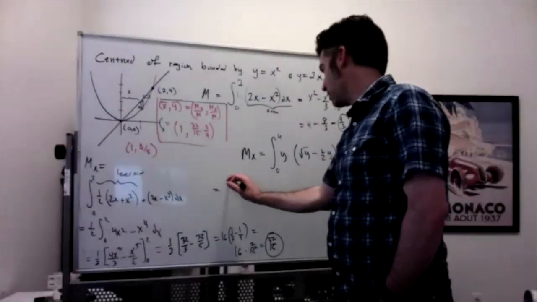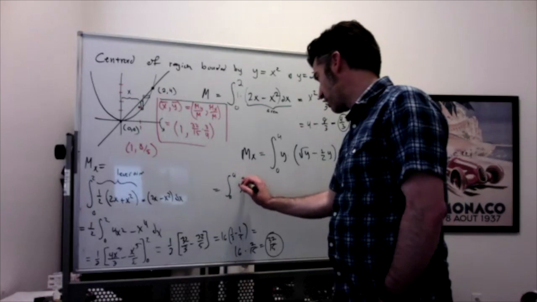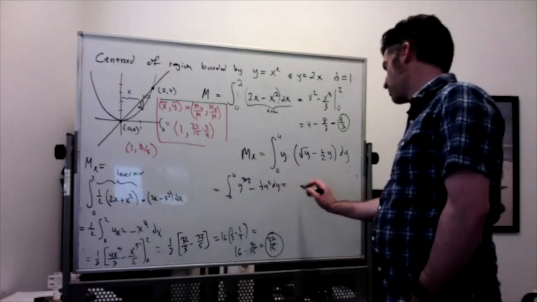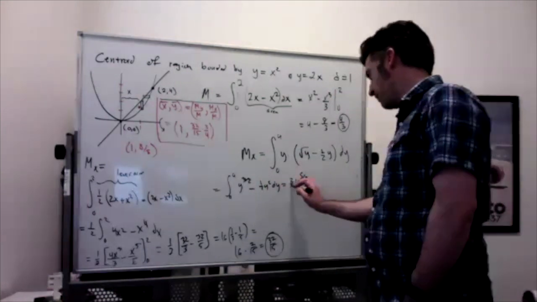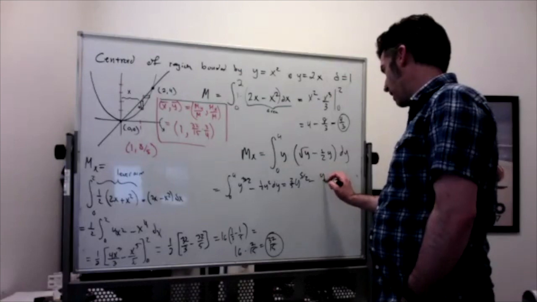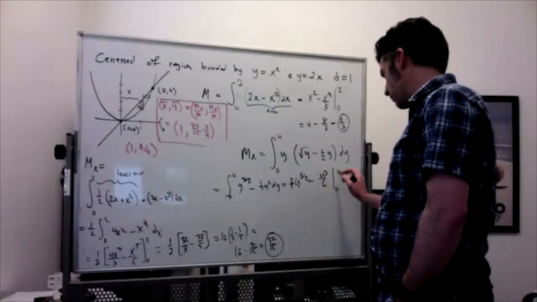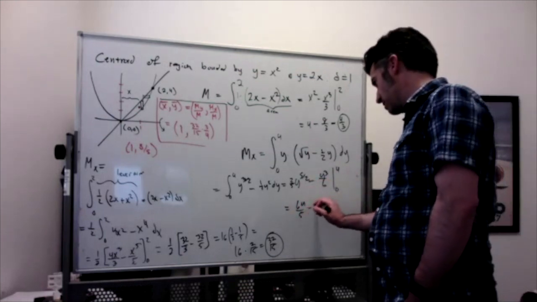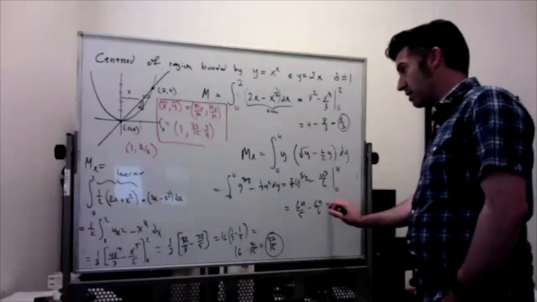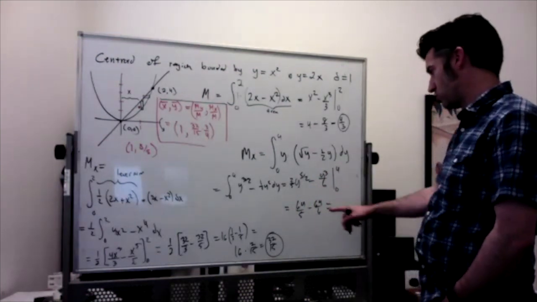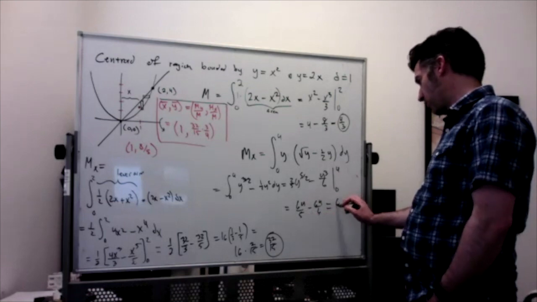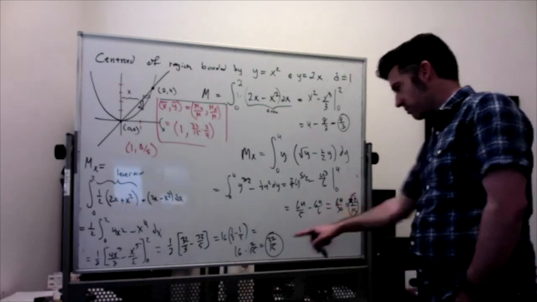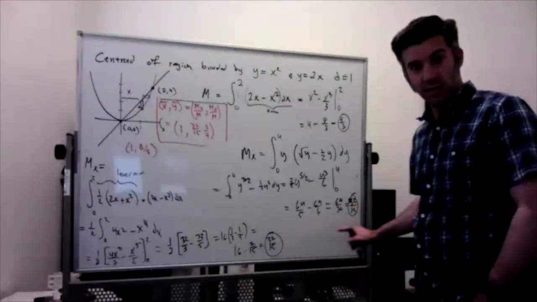That's going to be the integral from 0 to 4 of y to the 3/2 minus 1/2 y squared dy, which ends up being y to the 5/2 times 2/5 minus y to the 3rd over 6 from 0 to 4, which ends up being 64/5 minus 64/6, which ends up being 64/30, which is 32/15. 32/15. So they're the same.